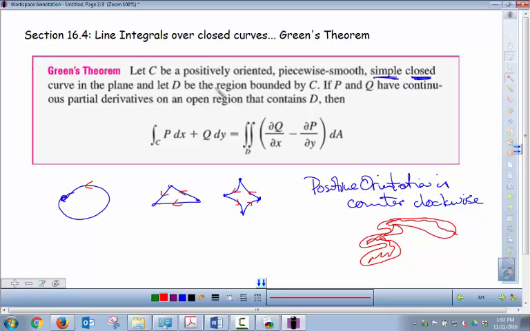All right, so we have C is a positively oriented, piecewise, simple, closed curve on the plane, and let D be the region bounded by C. So what we want to do is just identify a region.